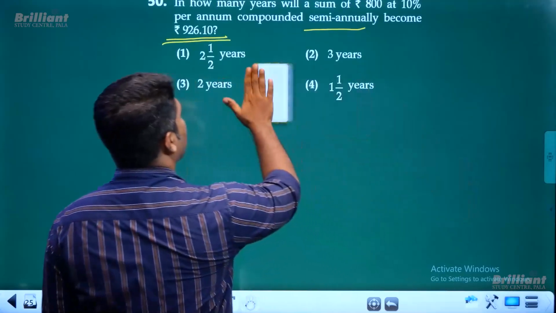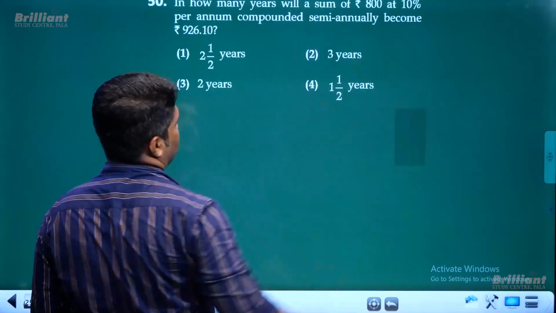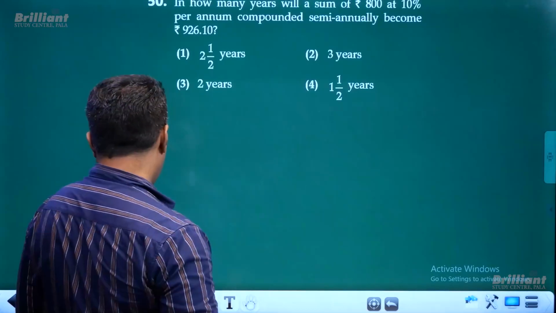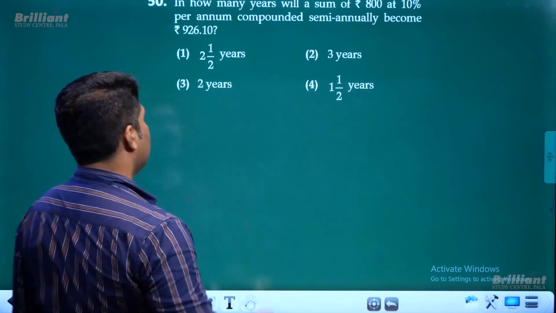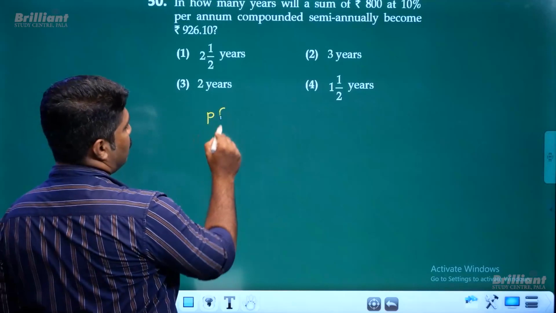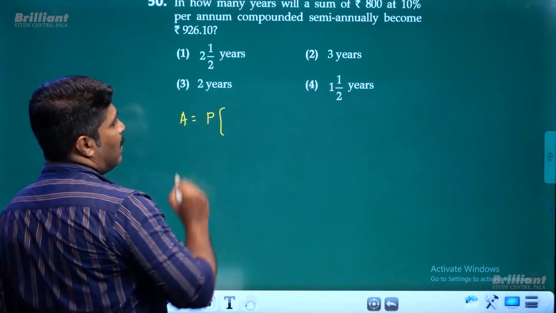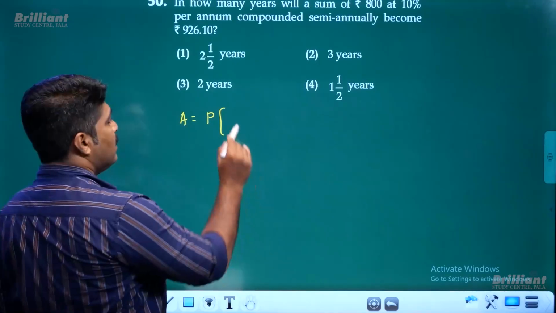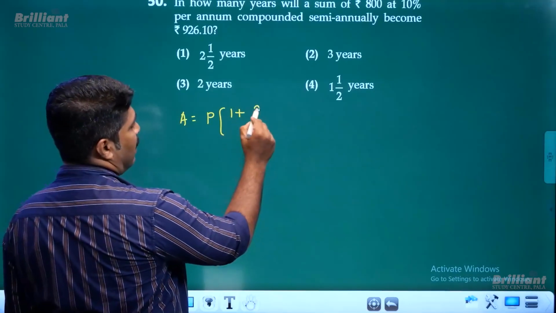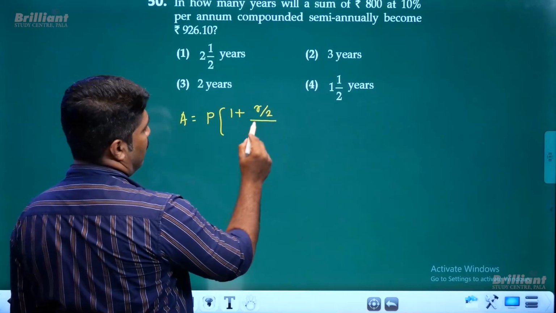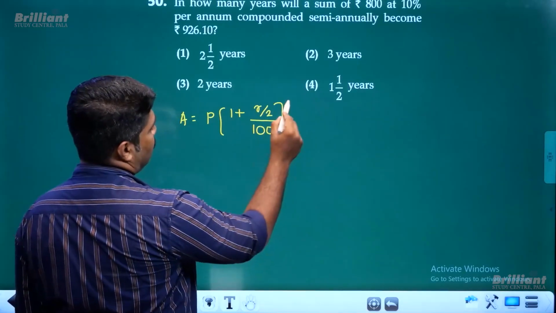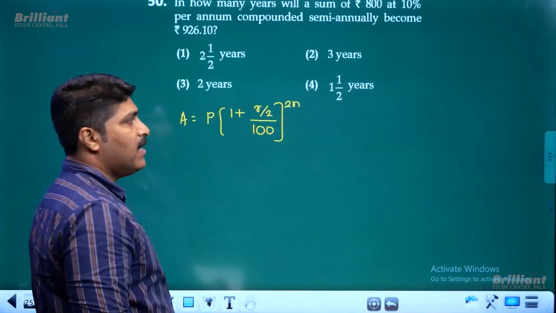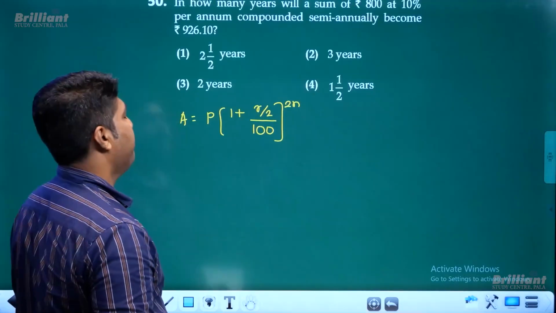Instead, if you are following the other method, that's the result-wise approach. What is the result-wise approach? Here we can consider P into that amount. When we calculate this compounding half yearly, the amount is P into 1 plus R by 2 by 100, the whole raised to 2n, where n is the year, R is the rate of interest per annum.